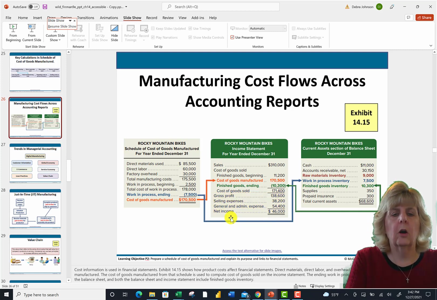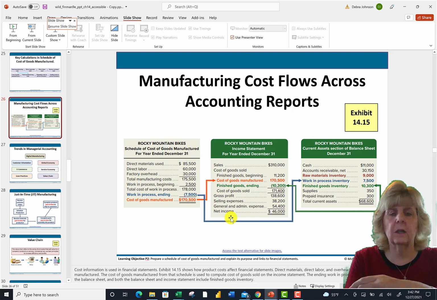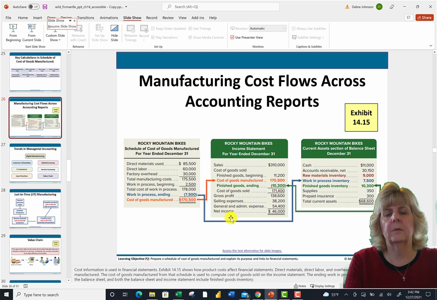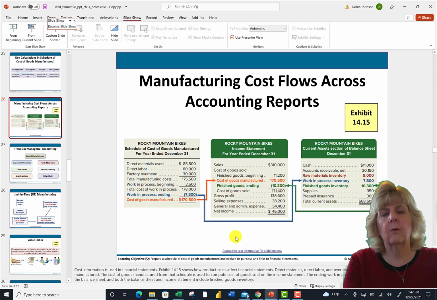Again, if there are things in the other line item of the income statement, such as interest revenue or interest expense, then we would have a little bit more of a complicated income statement. But for our purposes right now, in this foundational chapter, we're reviewing what a basic income statement for a manufacturer would look like.